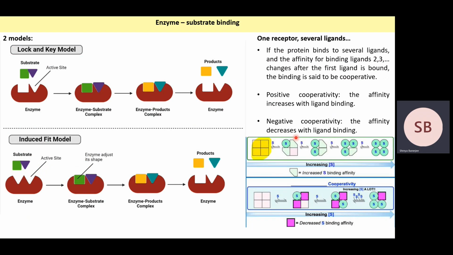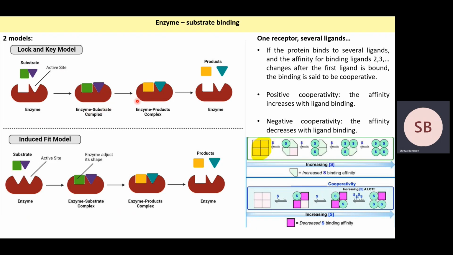There are two models of enzyme substrate binding. Firstly is the lock and key model. In this, what happens is that the active site of the enzyme has a fixed structure, and the substrate also has a fixed structure, which corresponds exactly to the cavity in the active site. They come together to form the enzyme substrate complex.